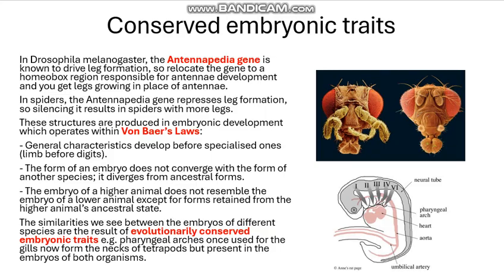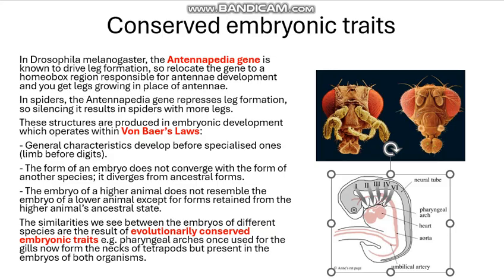And the embryo of a higher animal does not resemble the embryo of a lower animal, except in terms of retained structures from the higher animal's ancestral state. So the similarities we see between the embryos of different species are the product of evolutionary conserved embryonic traits. For example, if you look at the image here, this is a human, I believe.